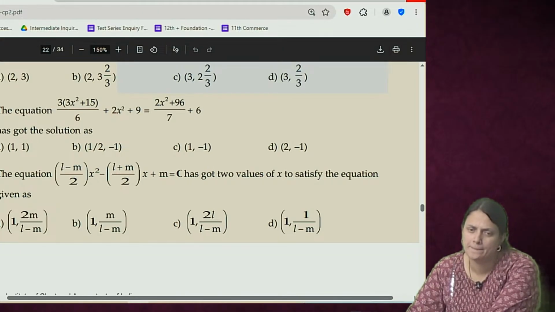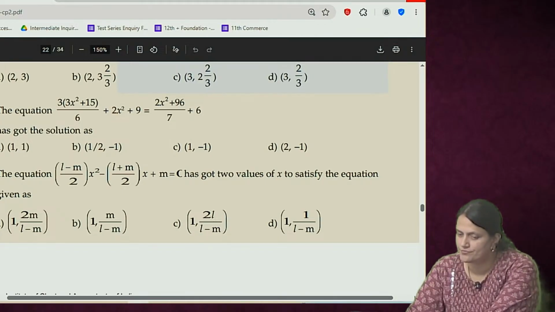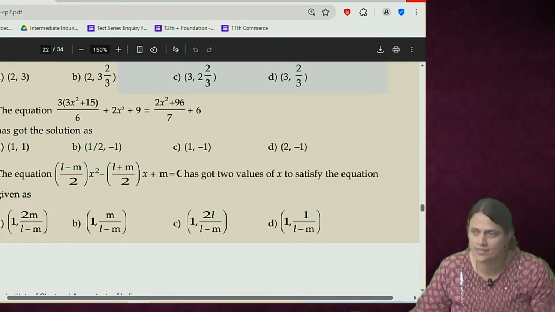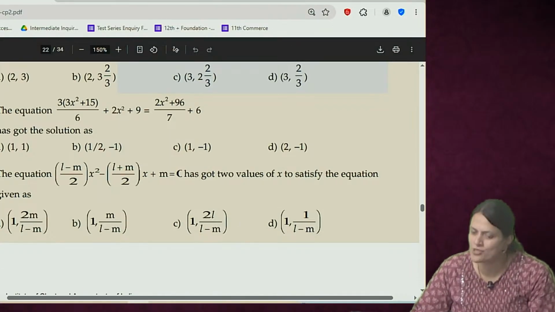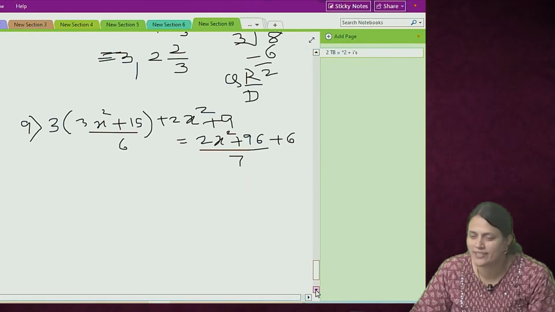D है का? So you have to substitute the value of x as 2m upon 1 minus m, because 1 has to satisfy. Current each and every option has 1, so I am going to show it by this method of substitution.